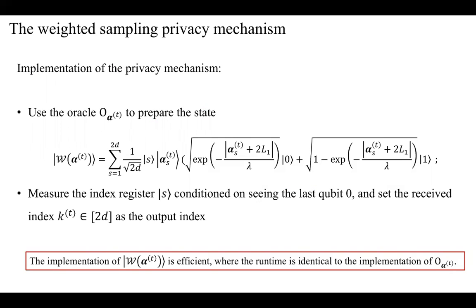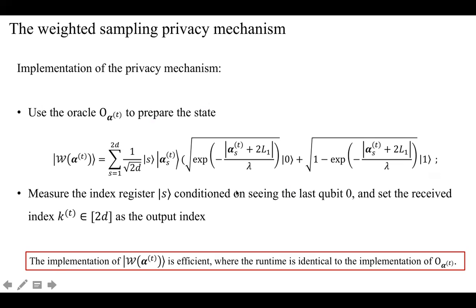Mathematically, the weighted sampling privacy mechanism is as follows. We use the oracle alpha t to prepare the state w alpha t. As we can see, the index corresponding to the minimum entry will be sampled with higher probability, and the index corresponding to the largest entry of alpha t will be sampled with the lowest probability.